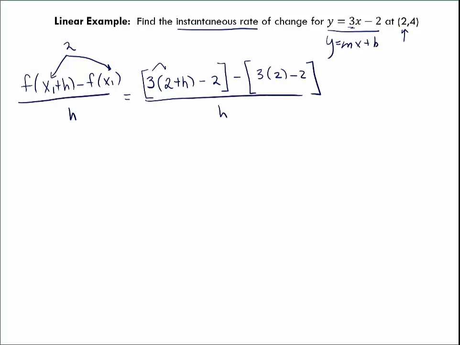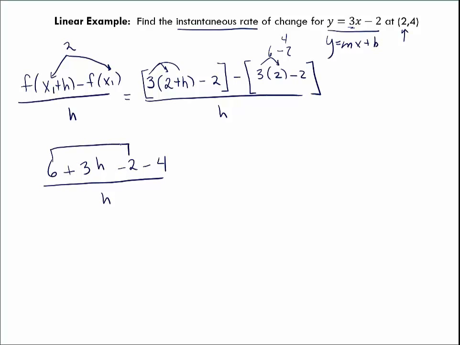So away I go distributing. 3 times 2 is 6, plus 3 times h is 3h, minus that 2. This is 3 times 2, which is 6, and 6 minus 2, which gives me 4, but don't lose that negative sign, so that's negative 4 all over h.